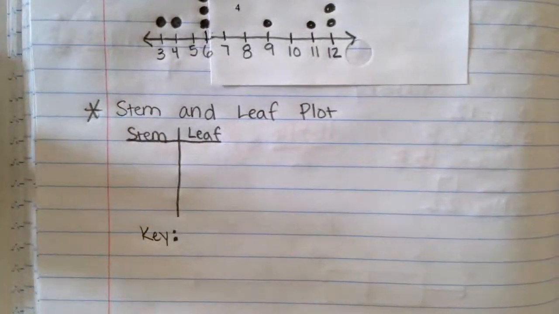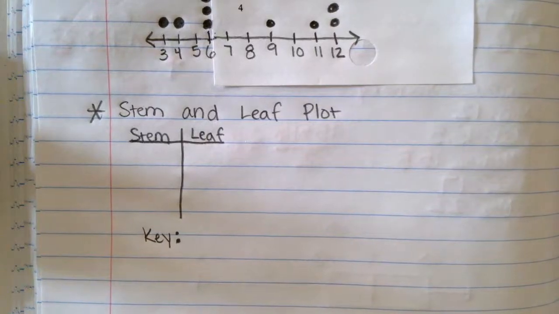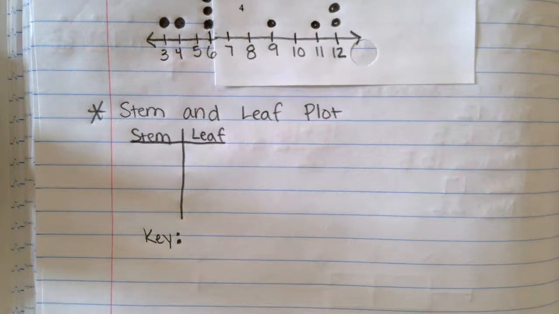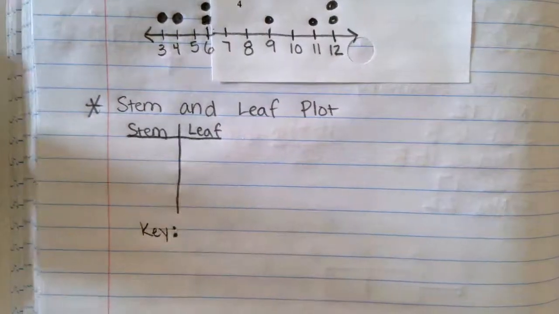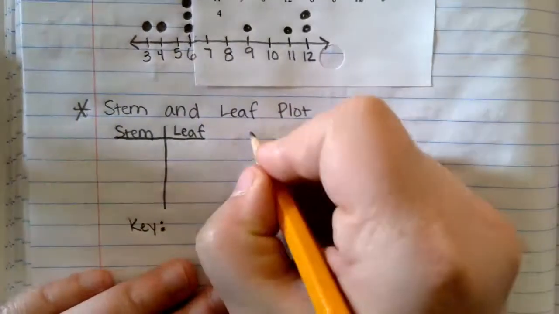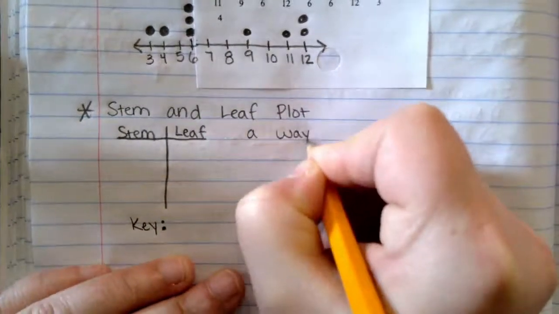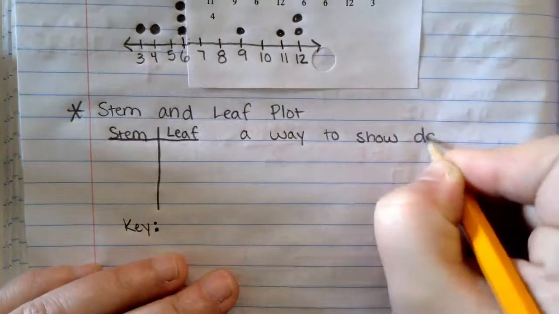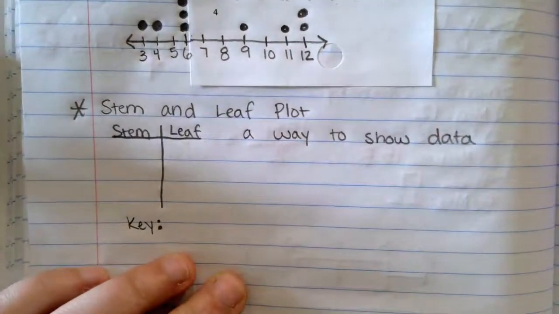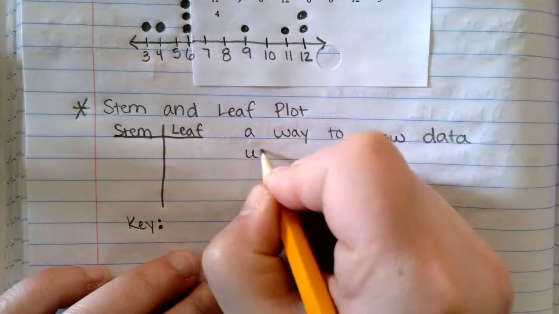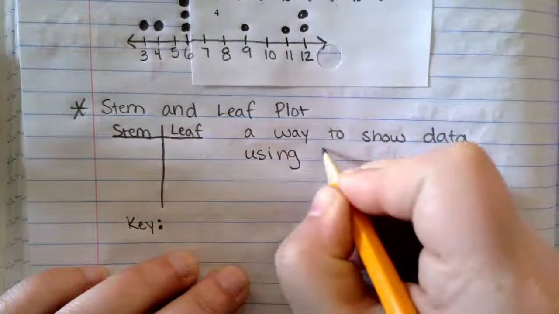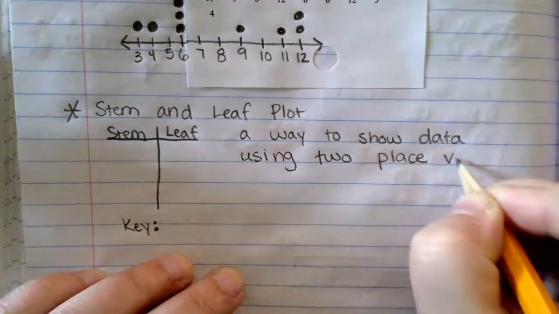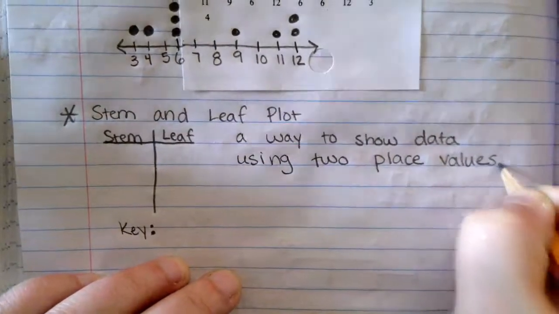Okay, so a stem and leaf plot is a way to show data using 2 place values. So sometimes we use like the tens place and then the ones place, or we use hundreds and tens, or thousands and hundreds, but we're using 2 of those place values.